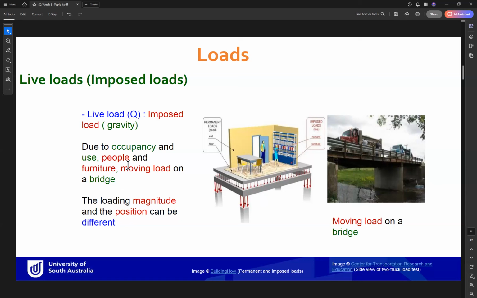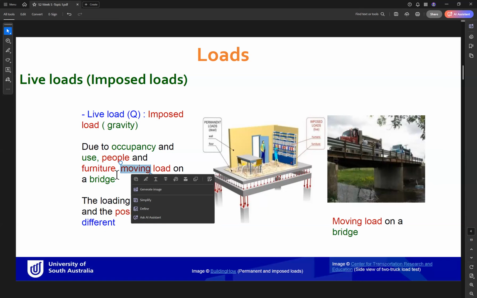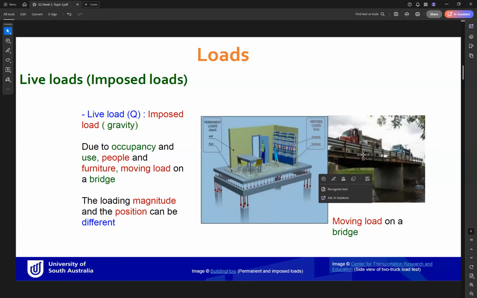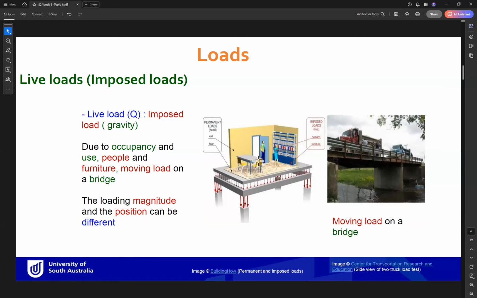This live load includes people, furniture, and moving load, such as moving load on a bridge, like traffic loads and pedestrian load, and live load in houses like tables, furniture, people, and so on. The live load value, or the live load calculation, depends on the use or the occupancy of the building.